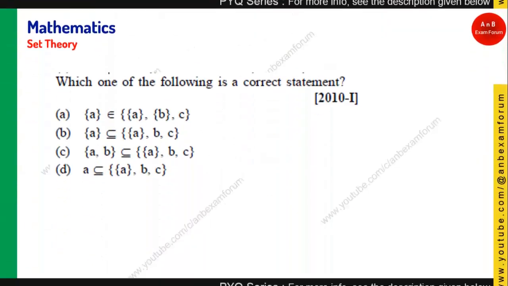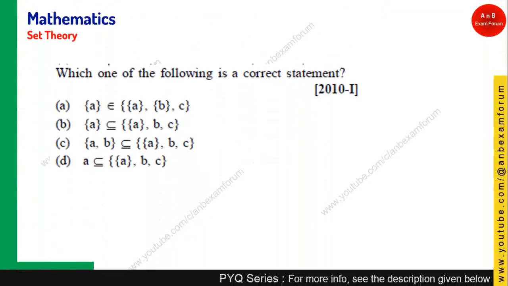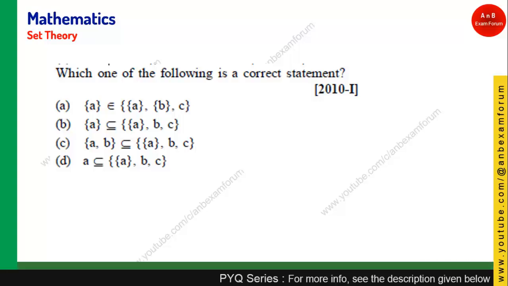Let's see the next question. Which of the following is a correct statement? These are the 4 options. For this particular question, you should know the notations, and very important, what is a member. If you know those notations clearly, then you can answer these questions.